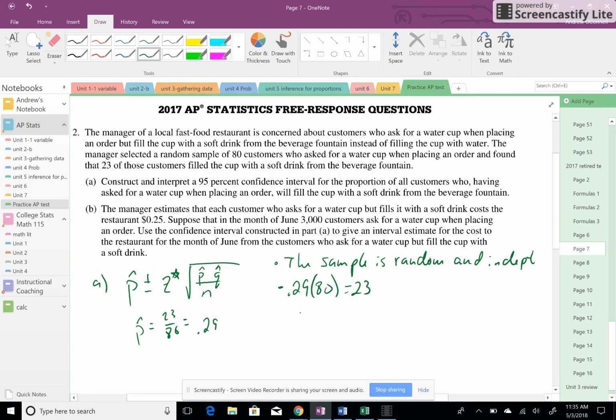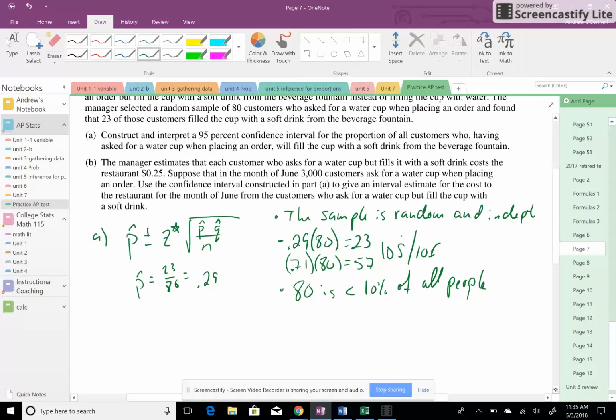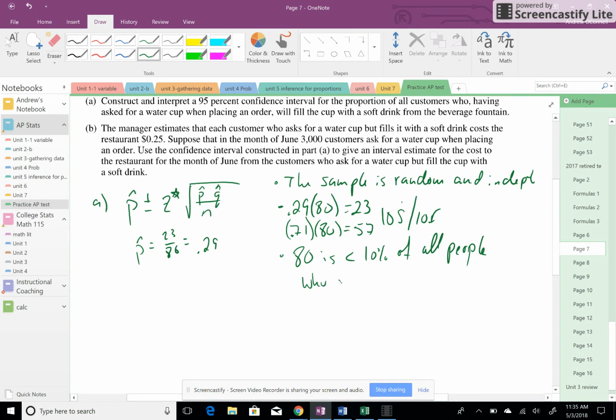That means 71% of 80 is going to be 57-ish. So 10 successes, 10 failures, and 80 is less than 10% of all people who order at this restaurant.